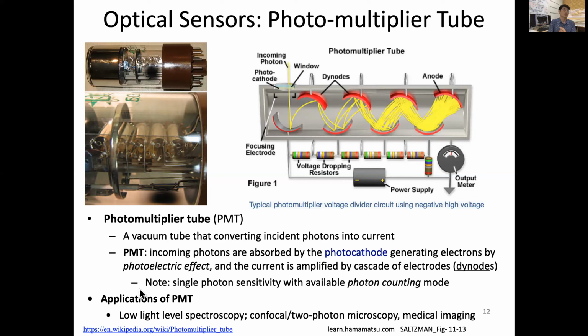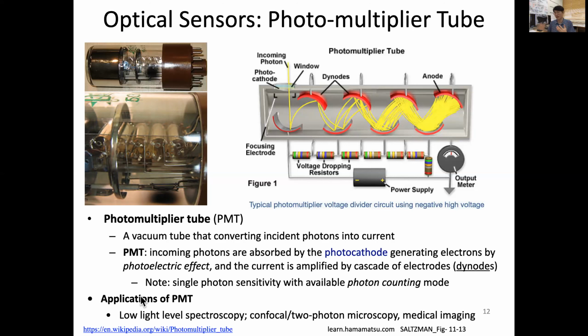So where do we use the PMT? PMT is used for very low light level spectroscopy, UV visible spectroscopy, and also in microscopy, especially laser scanning microscope, in which we detect photons from each single pixel over time sequentially.